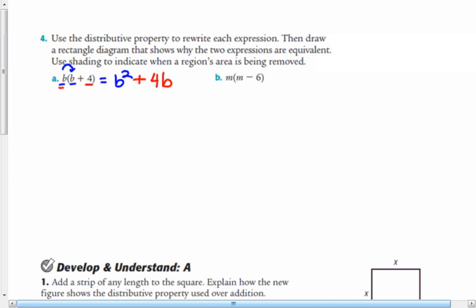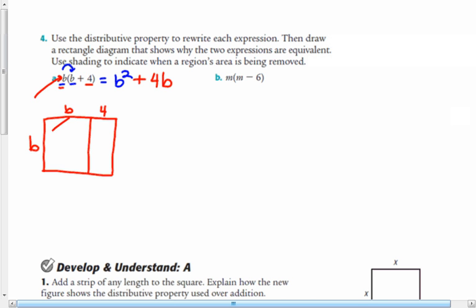Now, just to show you how that works using a rectangular diagram, I'm going to let this dimension be B units long. So that's the number outside the parentheses right there. And then this dimension is going to be a little longer. It's 4 more than B. So from here to here would be B, and then this is 4 more. And I'm just making that 4 up, but some number 4. Now, our expression represents the area.